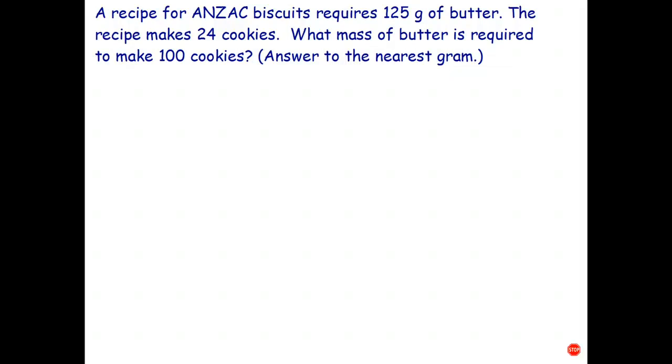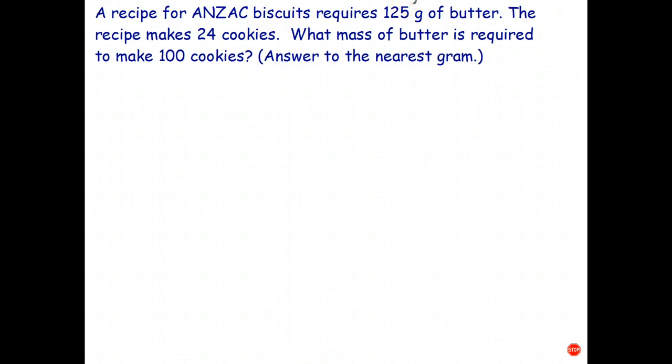Okay, go ahead and try that one, please, on Anzac biscuits. Okay, this is our last question on ratio and rate. A recipe for Anzac biscuits requires 125 grams of butter. That makes 24 cookies. So if you want to make 100 cookies, how much butter do you need to put into the recipe?